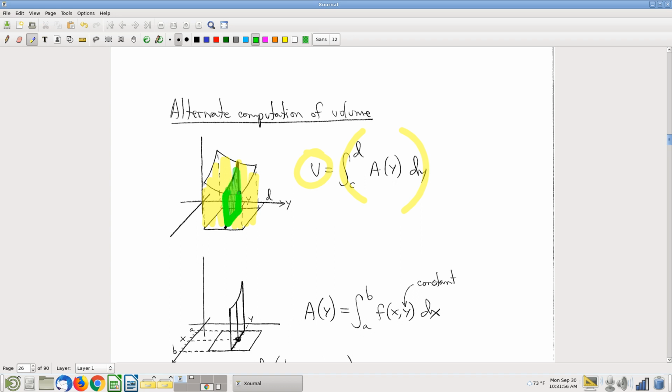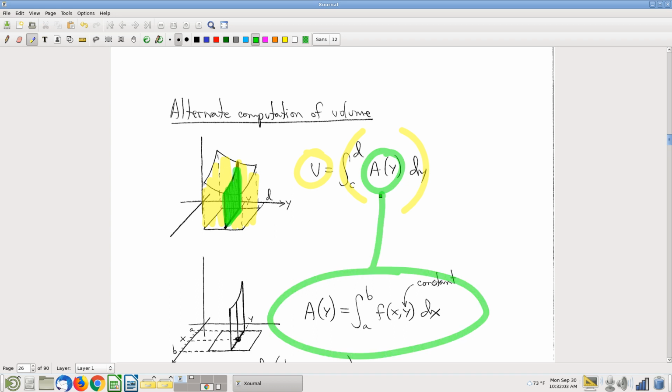That cross-sectional area, that integrand, is itself a whole separate integral. So you can see here what I actually have is an integral sitting inside of another integral.